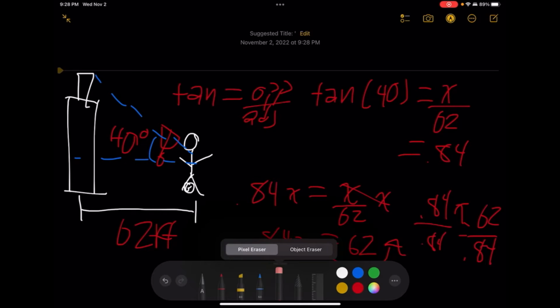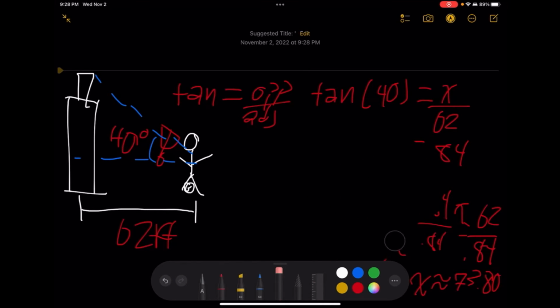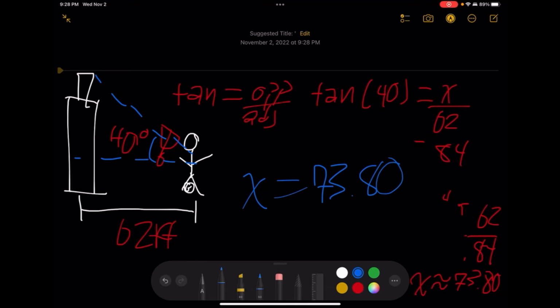And then you would get x is approximately 73.80 feet. So the height of the chimney is around 73.80 feet.